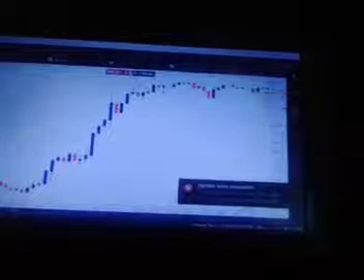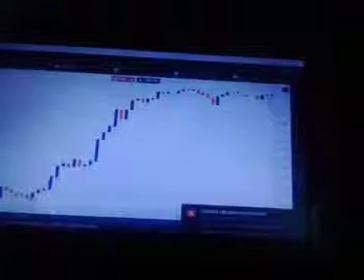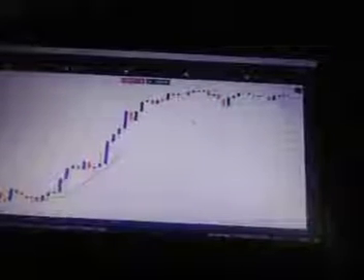Okay. So for example, if you're using an indicator to see the trend here, it may look something like this. It will just look like a line. This is how a moving average indicator may look.